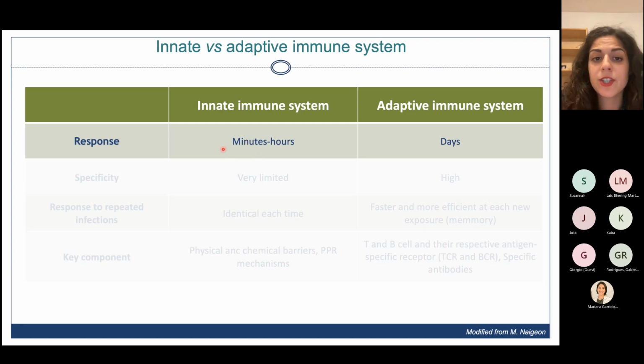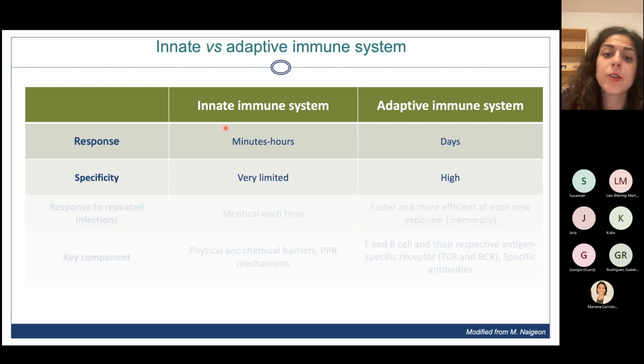So you can have this activation within minutes or within hours, while you will need several days to have the recruitment of the adaptive immune system. The specificity is very limited for the innate immune system, because you have these molecules that are shared between these different pathogens or with stress cells, while the adaptive immune system will be activated only towards a specific antigen.